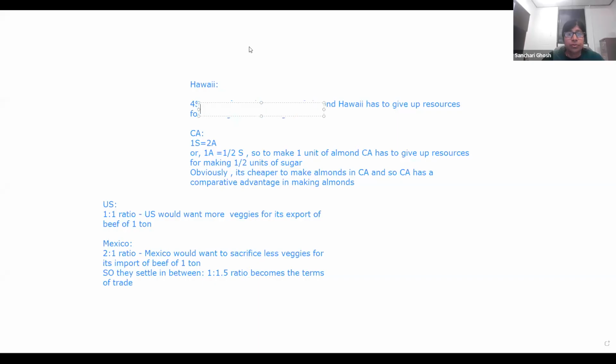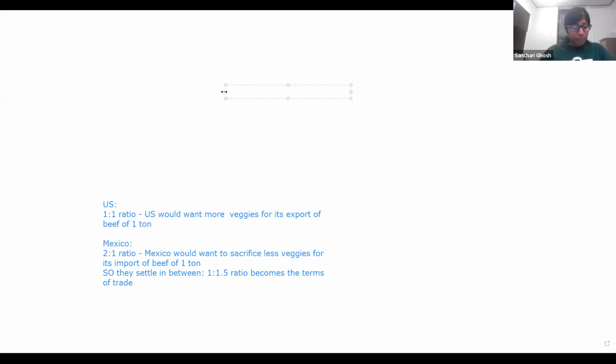Look at these. 1 unit of watch is 2 units of cheese. Let's write this down. Japan, 1 watch equals 2 cheese.